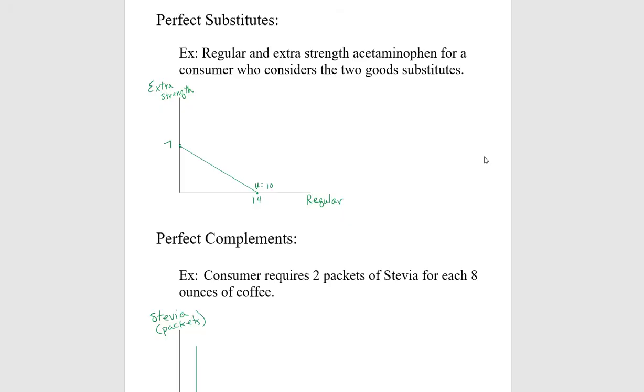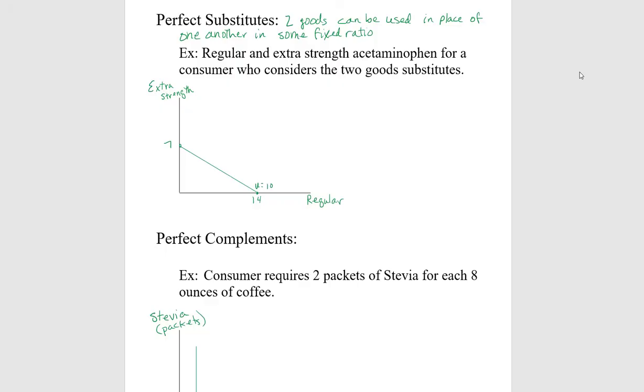For 2 goods to be perfect substitutes, it would mean that we could consume one good in a perfect ratio instead of the other good. So let me give you an example. We could talk about regular and extra strength acetaminophen. Acetaminophen is the generic name for Tylenol. If a consumer considers these two goods perfect substitutes, they could trade regular for extra strength or vice versa in some fixed ratio.